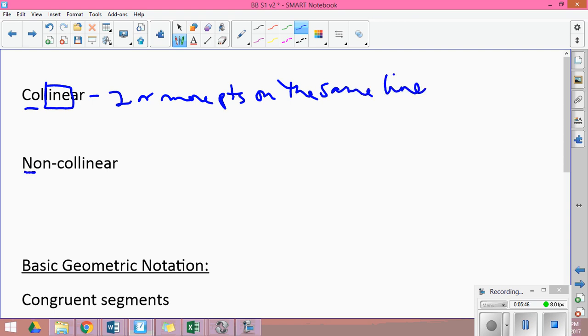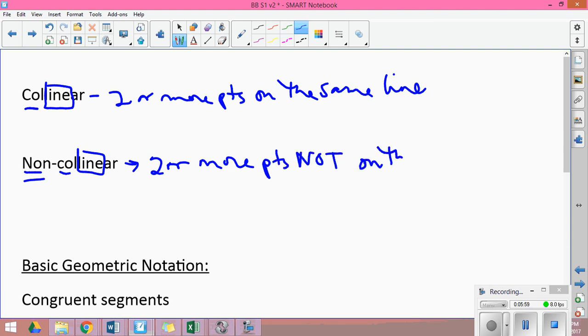So no surprise, non-collinear means not on the same line. So again, just being able to describe what a picture is doing and how points are in relation to each other is really important in geometry.